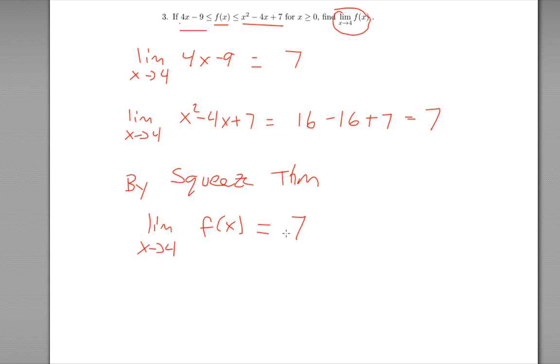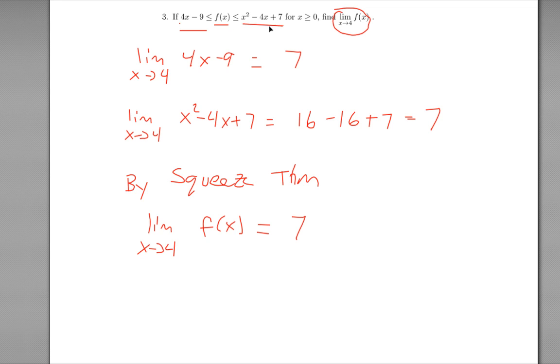The only other thing to keep in mind about this question is this little weird thing up here, where they say f of x is smaller than or equal to x squared minus 4x plus 7 when x is greater than or equal to 0. So why would they bother saying this? It might be possible that when x is smaller than 0, like when x is negative, this situation doesn't hold. So should that concern us when we're doing the squeeze theorem?